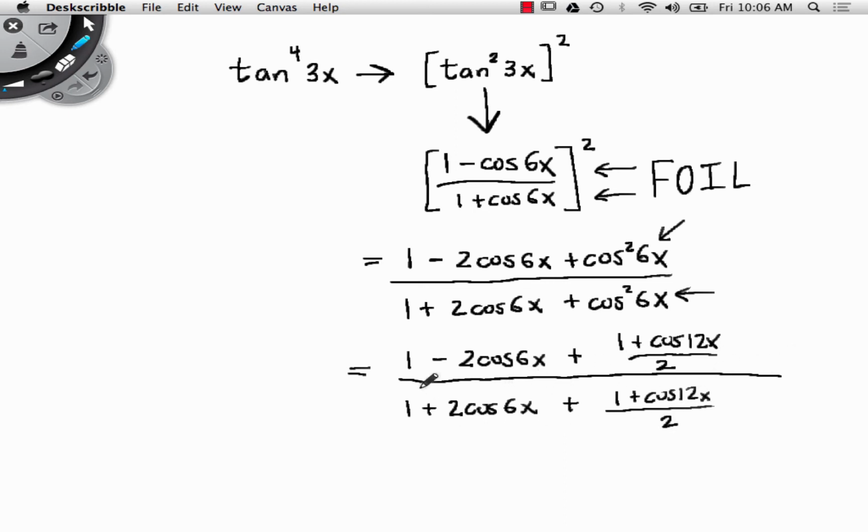Alright, so we get this right here. Do you have any questions how I went from this part right here to this part right here? I think I'm good.